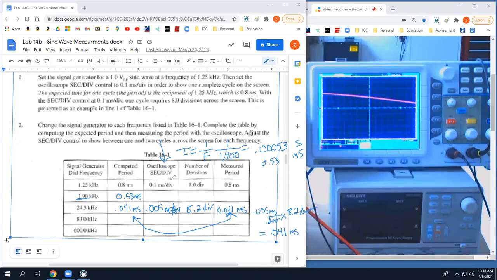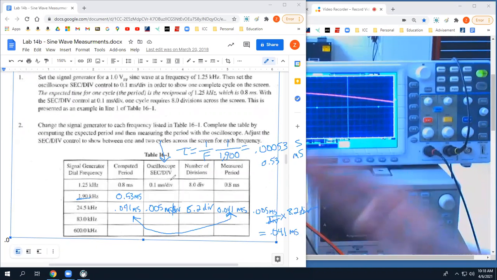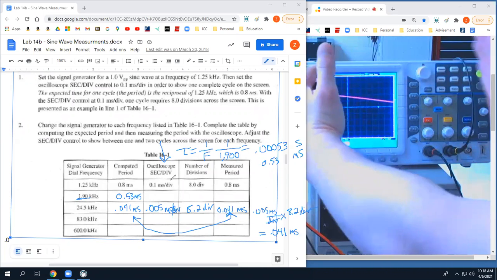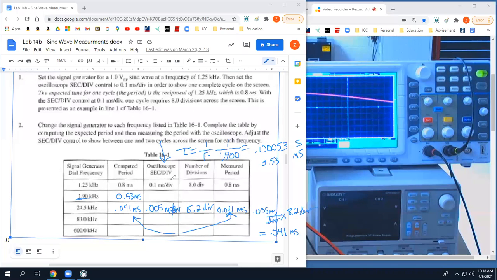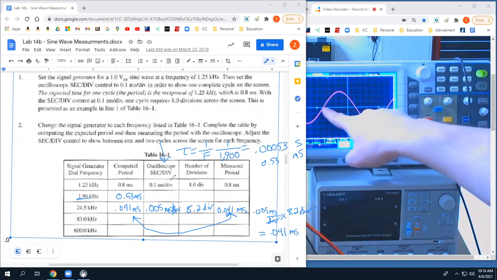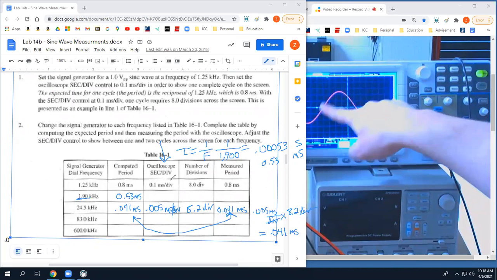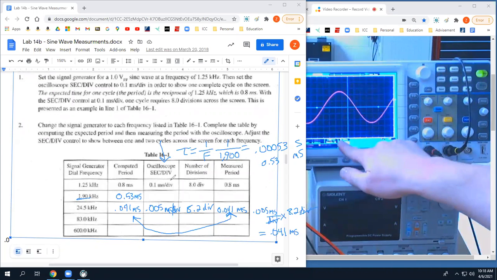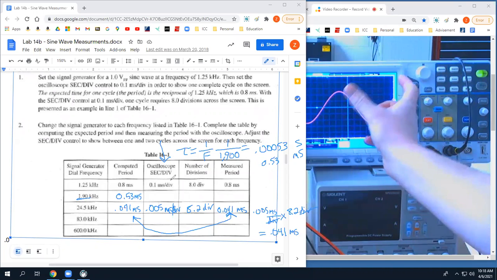Now look what that did to my scope. Can I read this way? Can I read one whole cycle? No, I need to change the seconds per division until I get one full cycle on the screen. Boom. All right, now I got one full cycle on the screen. What is that scale now?